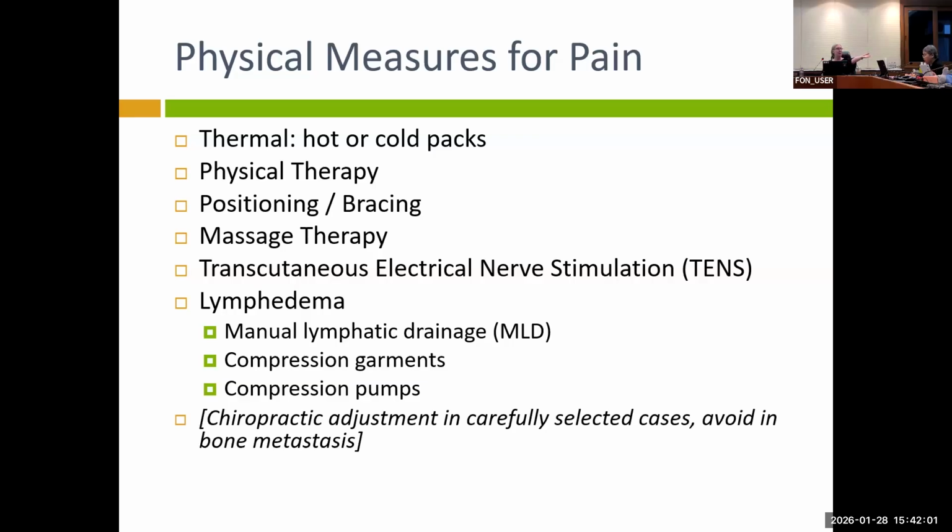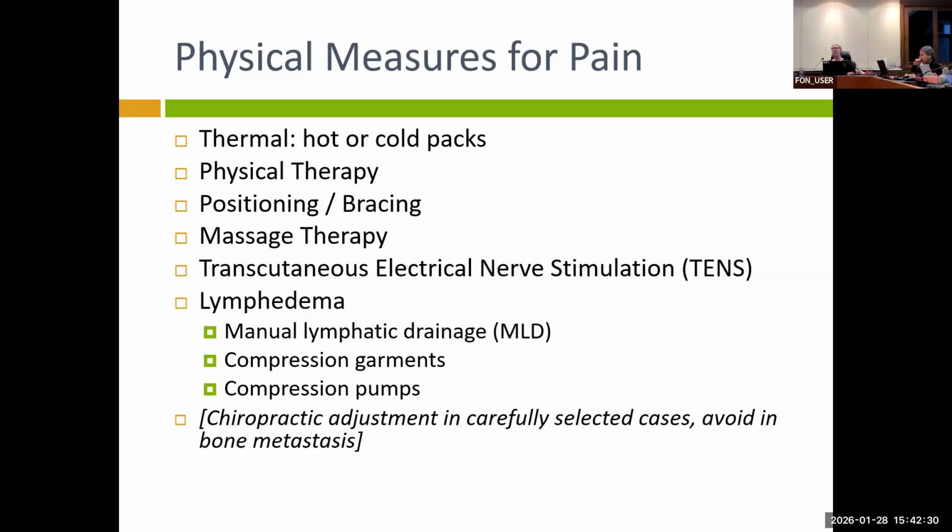Lymphedema. If you're doing breast cancer, you're definitely working with lymphedema, because lymphedema and breast cancer go together a lot. So manual lymphatic drainage, compression sleeves, and compression pumps help with lymphedema. Here we need to be a little careful with chiropractic.